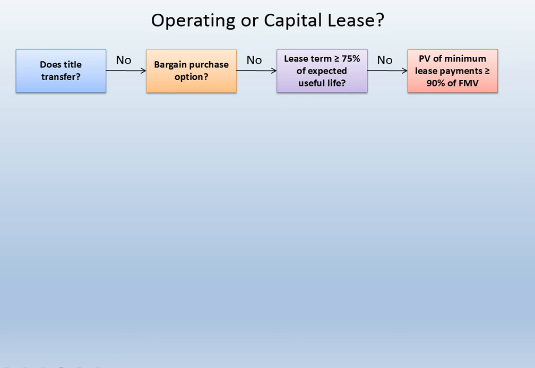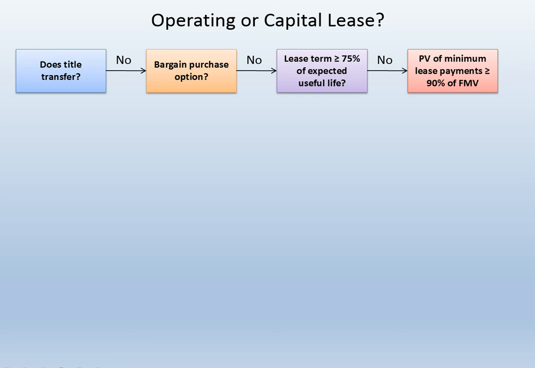We've talked about present value in a number of circumstances, most likely with bonds, with installment notes, and long-term notes payable. So we're already familiar, hopefully, with the concept of present value. And what we do is compare the present value of the lease payments to the fair market value of the asset. If the present value of the lease payments is less than 90% of the fair market value, then we would answer no to this question as well.